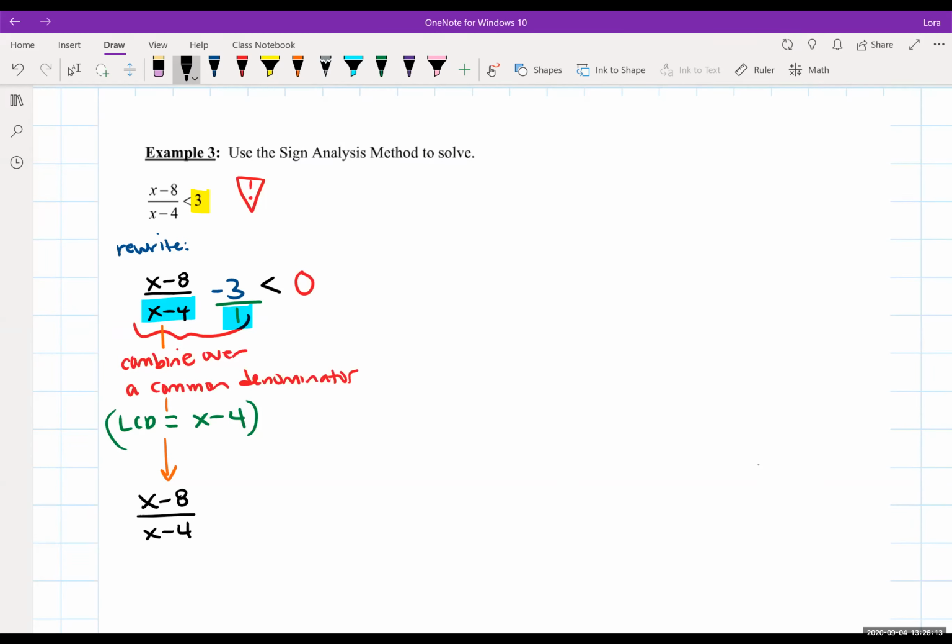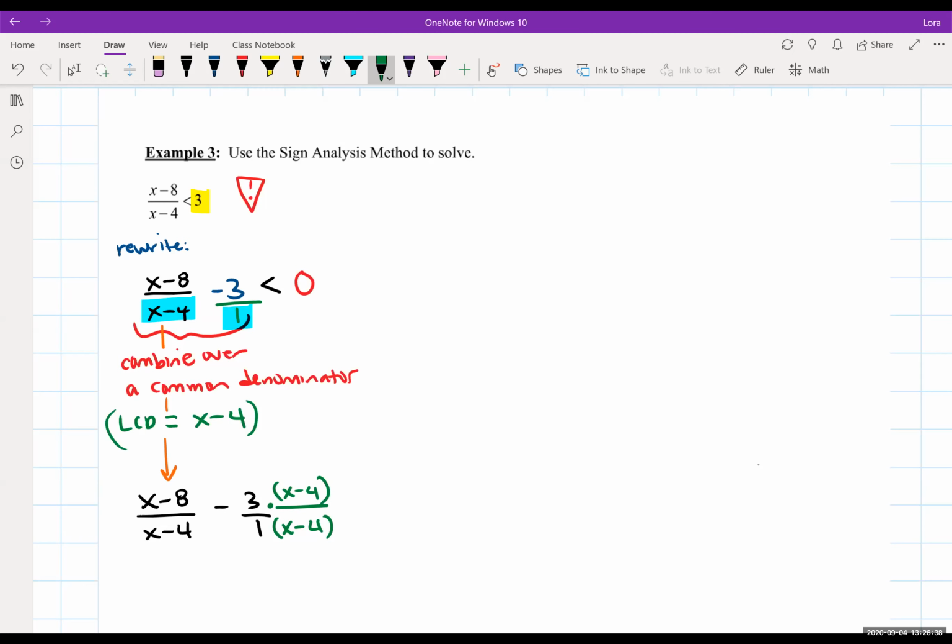And with the 3 over 1, what has to happen, and I'll write this over again just so that you can see, we're going to need to turn the 1 into an x minus 4. So what that means, we would multiply the denominator by x minus 4 as well as the numerator, so that we are still building to a higher term. So we still need an equivalent fraction.